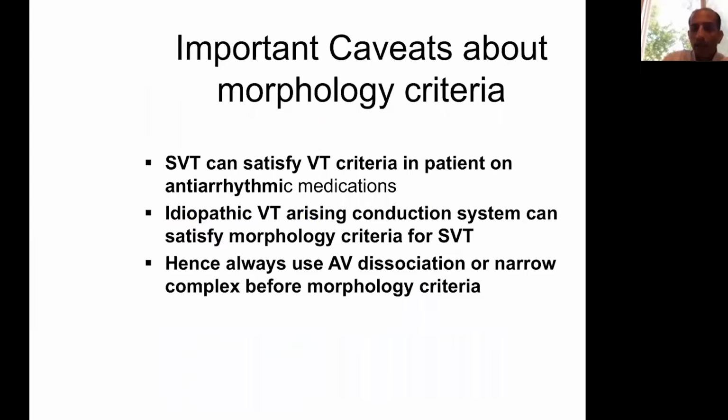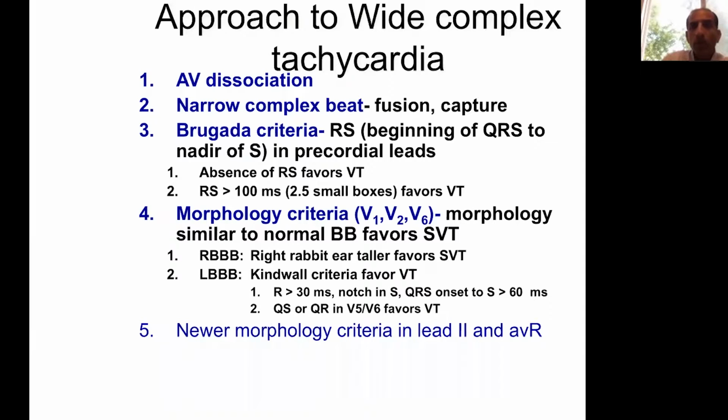In this slide, I'm just showing you another algorithm to approach a patient with wide complex tachycardia, which is again directed at proving dissociation between the atrium and the ventricle. This would go along with the wide complex tachycardia algorithm that I showed you.